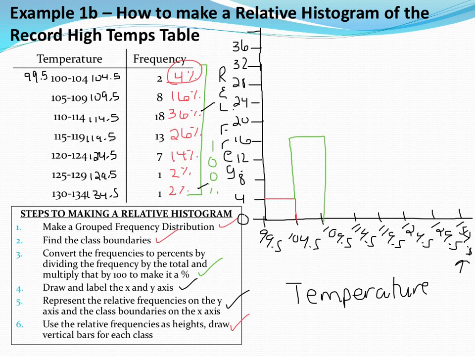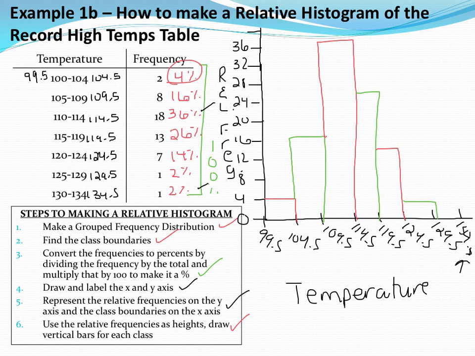The class after that is 36%, so I'm going all the way up to 36, all the way back down, and then I'm doing 26% for the next class. And then after that is 14%. And then after that I'm back at 2, and then back at 2 again.